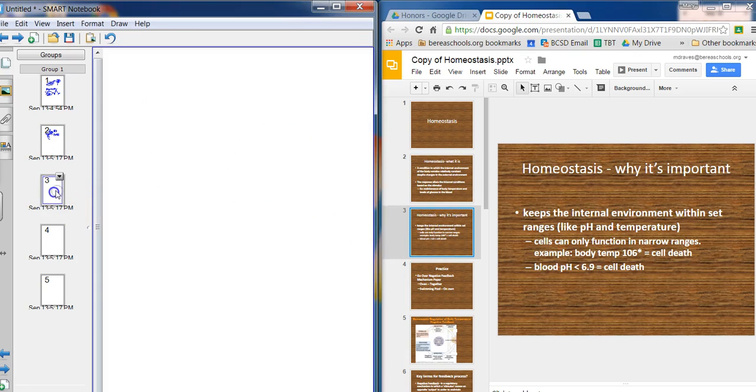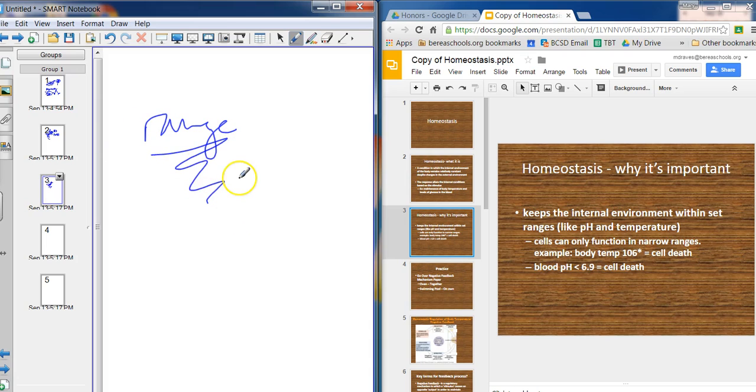Now, some things of why it's important. It's really important because homeostasis helps to keep internal conditions within a certain range. There's a range of tolerance that we have as humans functioning as a living system for pH, for example. There's a range of temperatures that we function best at.